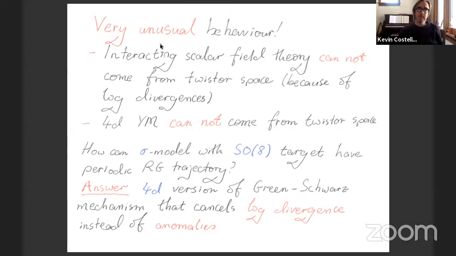Okay. So we can ask how is it possible that this theory can have a periodic orgy trajectory, given it's such a strange phenomenon? Maybe let me pause to emphasize what a strange thing this is.